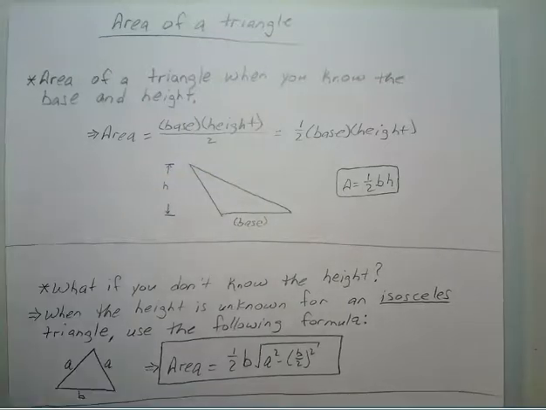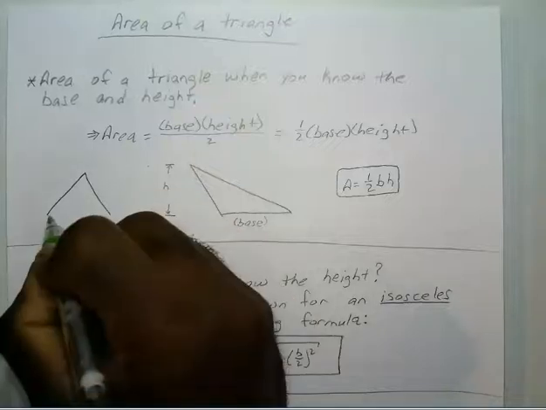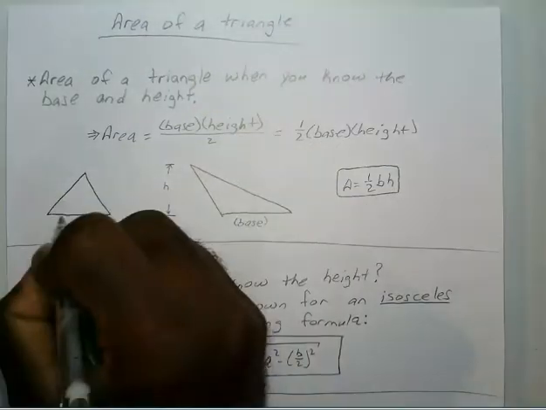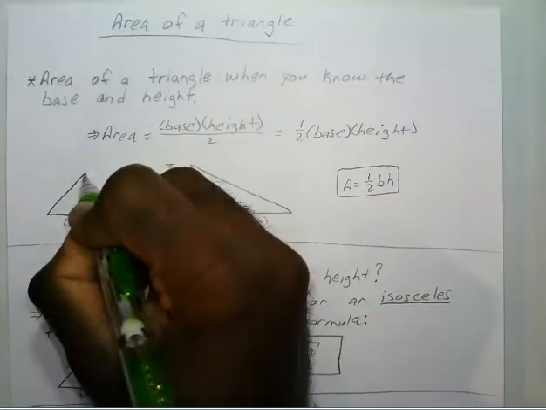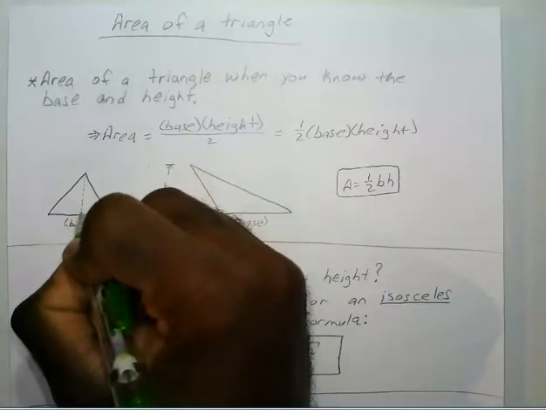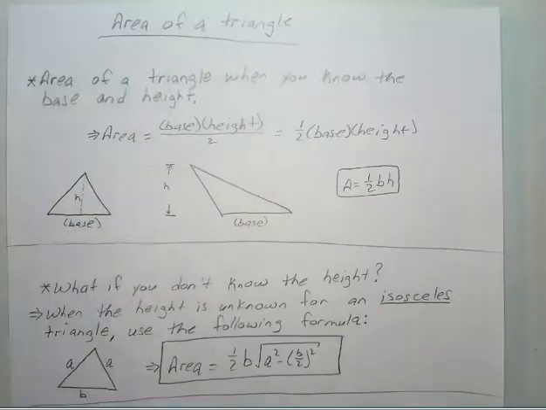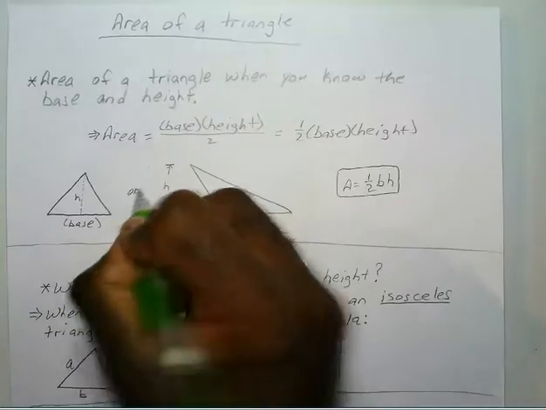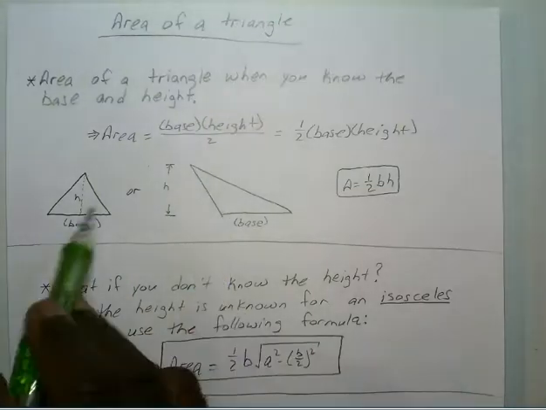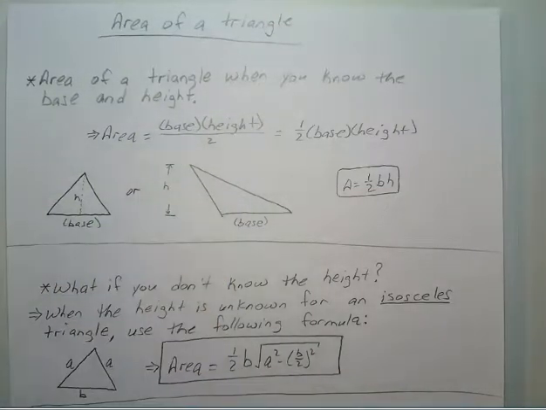Sometimes you'll have a triangle where they give you the base and the height is just written on the inside. Either one of these could be given to you, and that'll be the formula you use.